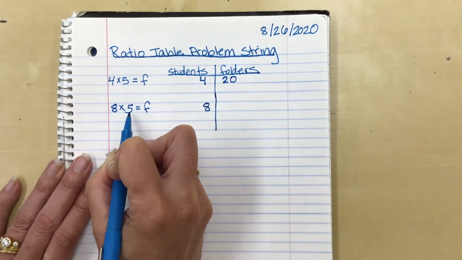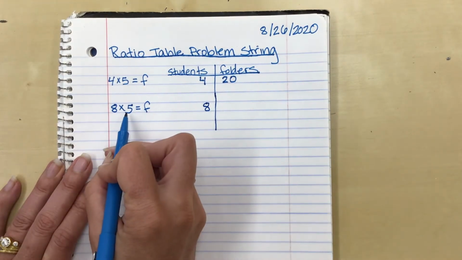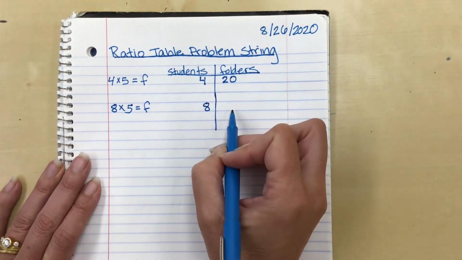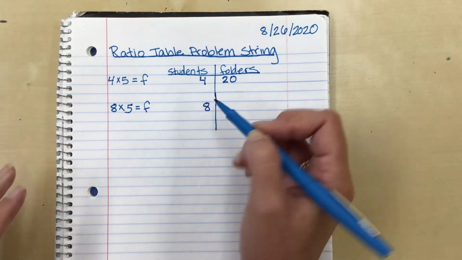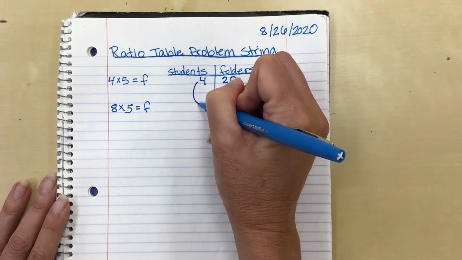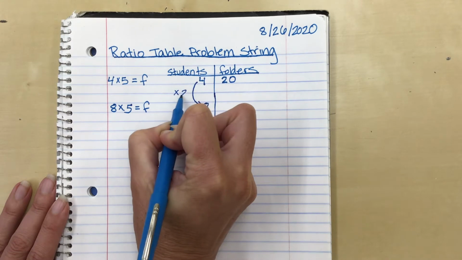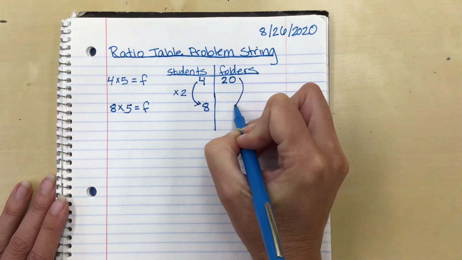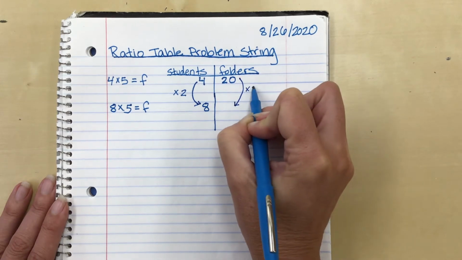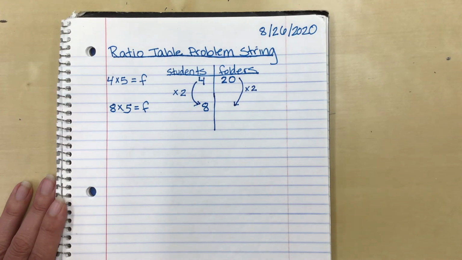They're still bringing 5 folders each, and we can skip count by 5s, or we can look over here, this has been doubled. 4 times 2 is 8. So we could do the same thing over here where we say 20 times 2. So if you double 20, you would get 40.